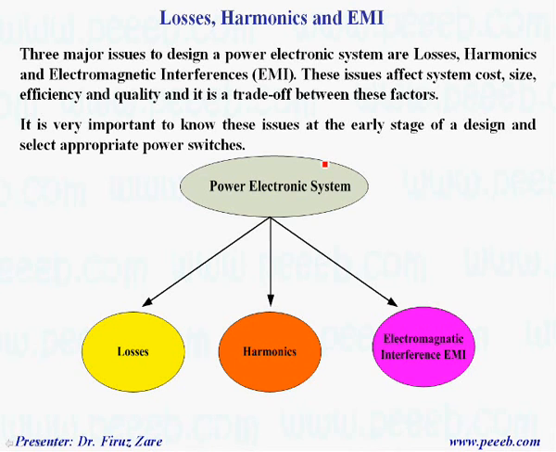Three major issues to design power electronic systems are losses, harmonics, and EMI or electromagnetic interference. These issues affect system cost, size, efficiency, and quality, and it is a trade-off between these factors. It's very important to know these issues at the earliest stage of a design and select appropriate power switches.